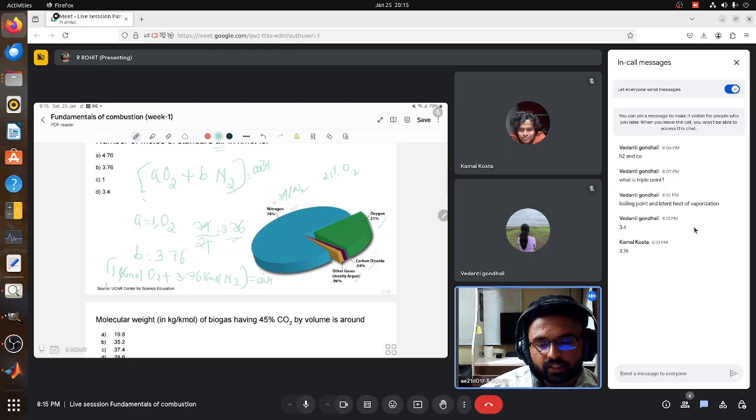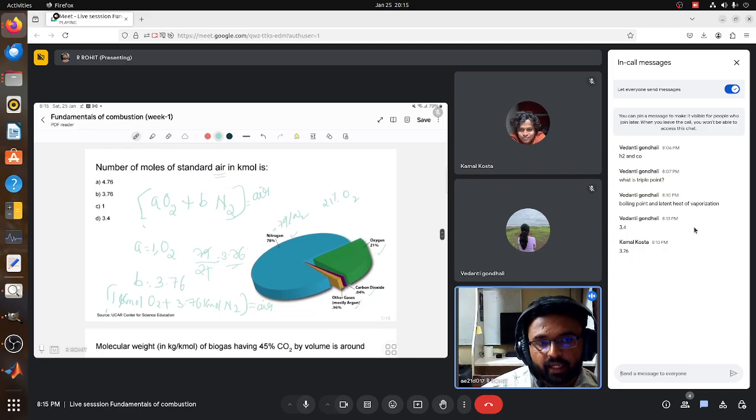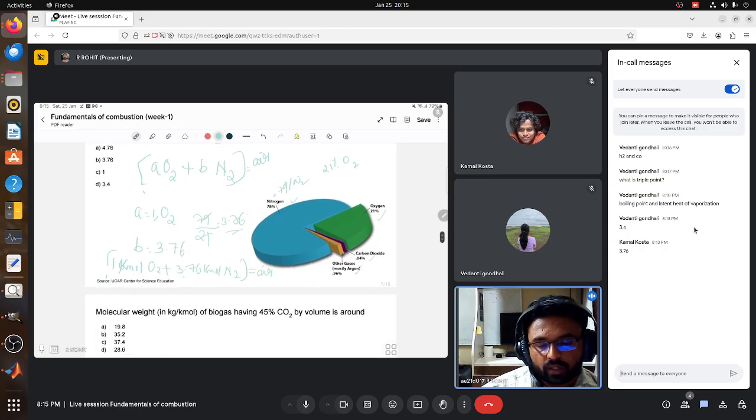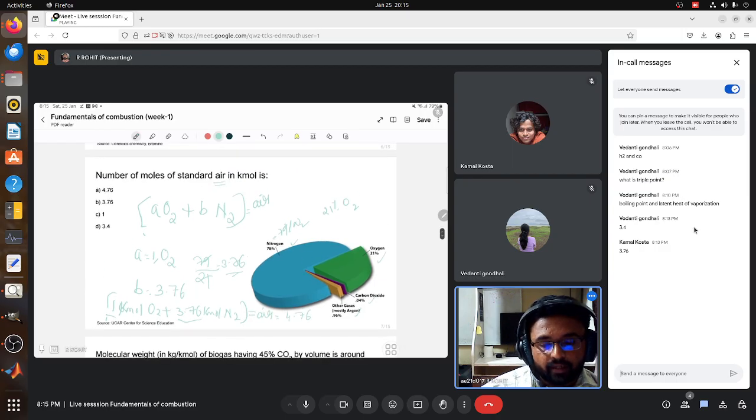So here the question is, what is the number of moles of standard air in kilomoles? What is the total number of kilomoles we have? It is 3.76 plus 1, so in total you have 4.76 kilomoles in standard air.